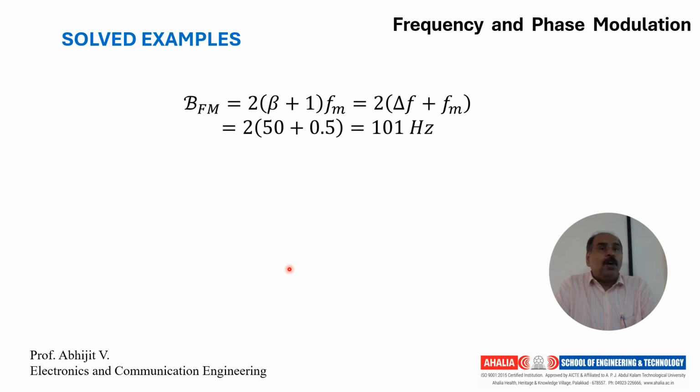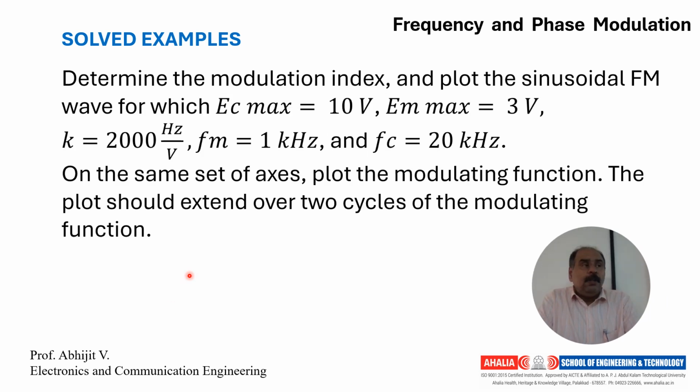So let's go to the next problem. Determine the modulation index and plot the sinusoidal FM wave for which Ec max is equal to 10 volt, Em max is equal to 3 volt, K is 2000 hertz per volt, fm is 1 kilohertz and fc is 20 kilohertz.